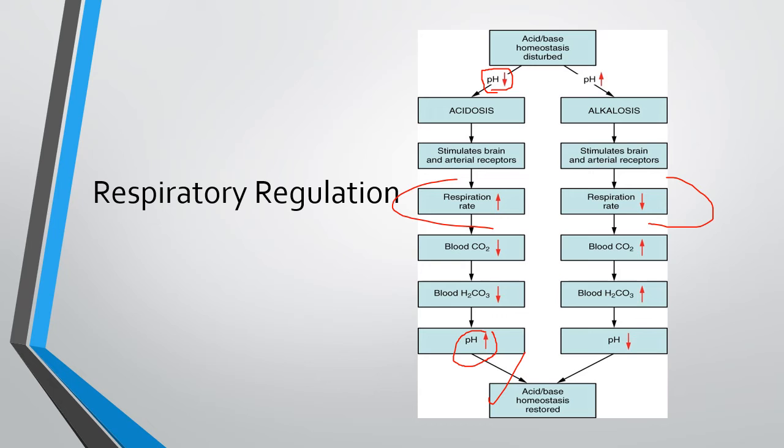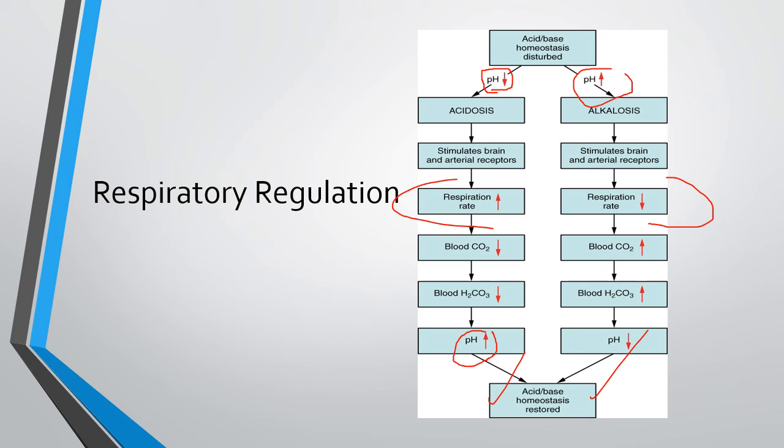Since the value of carbonic acid increases, the pH will then decrease as it becomes more acidic. So now you have neutralized the alkalotic change in pH by decreasing the pH back to normal. So you've restored the homeostatic mechanism. This is how the respiratory regulation works.